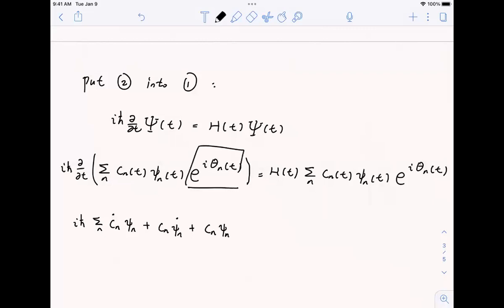When you do the derivative here, you bring the i inside, then you bring the theta back, and then you have a dot. Then you have this phase factor here. Basically just a product rule and nothing special: you do derivative here, here, and here. When you do a derivative here, you just bring this factor down, and all of them share the common phase factor, so I'm going to put it here. So this is on one side.